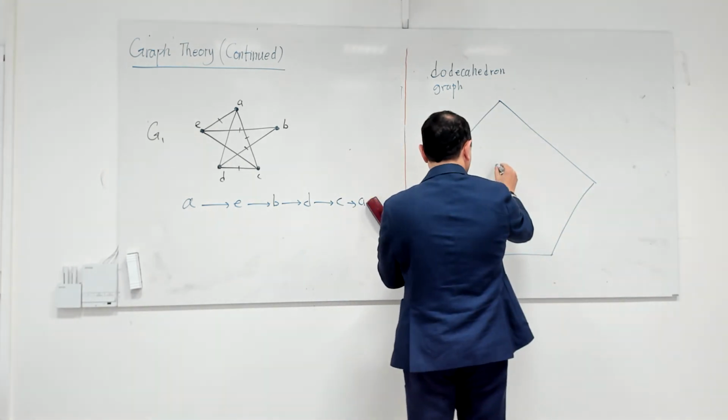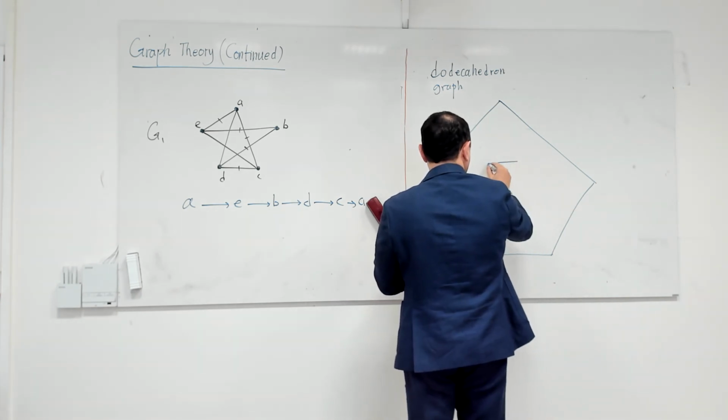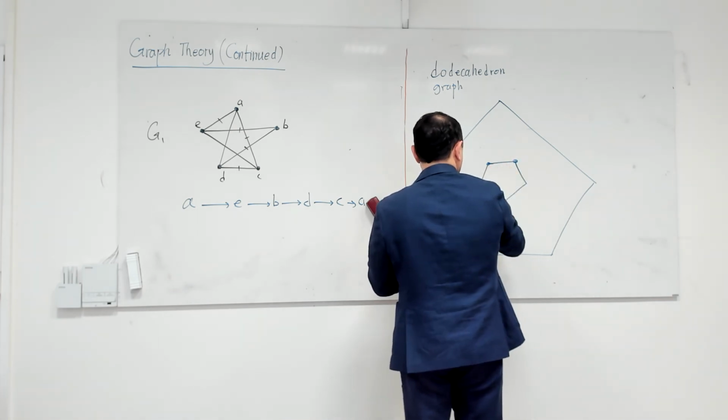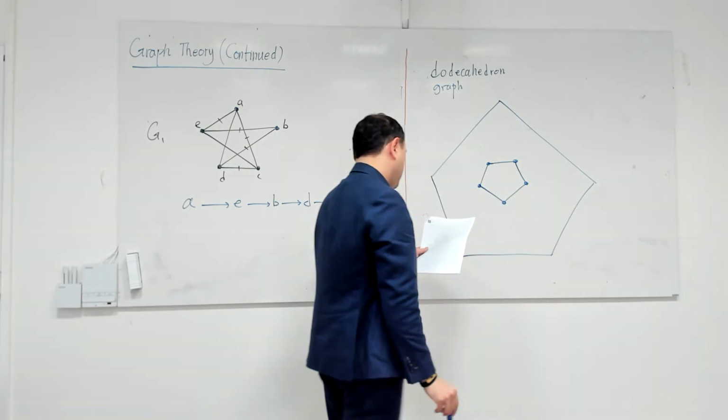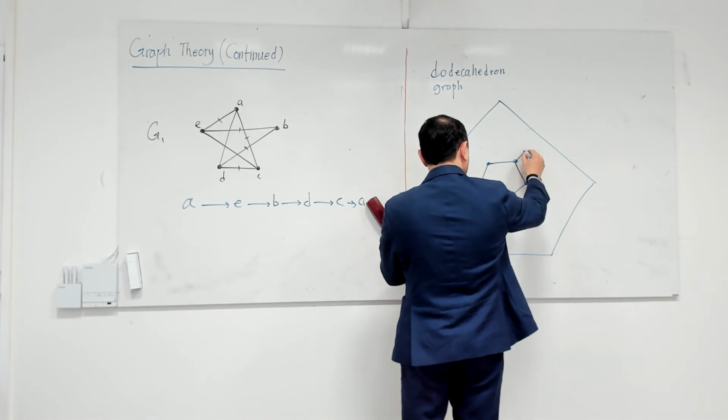Okay, and then I have 1, 2, 3, 4, 5, and there is a pentagon inside.